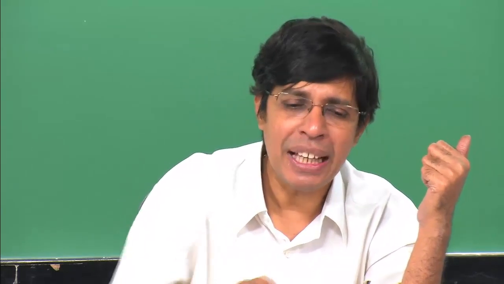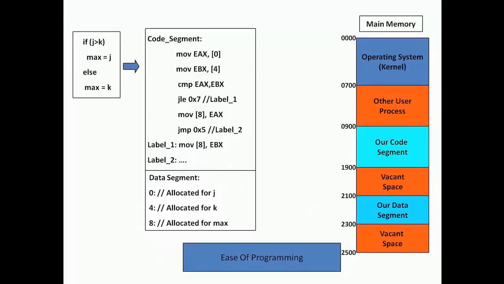In EBX, k is loaded: the second instruction moves EBX comma 4. So the value of k is now in EBX. I compare EAX and EBX. When I compare, there is something called a flag register in the system, which gets updated because of this compare instruction.